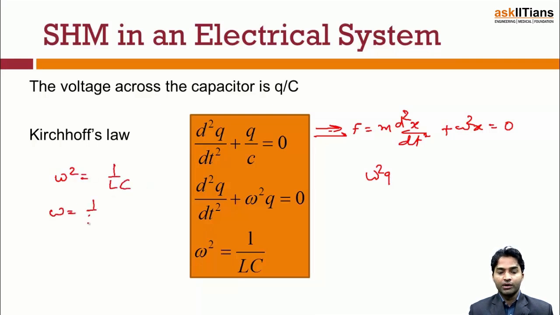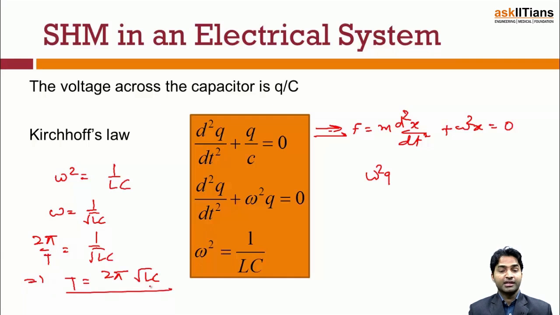Omega is equal to 1 upon under root of L into c, or we can say 2 pi by T equal to 1 upon under root of LC, or we can say time period is equal to 2 pi under root of L into c. So the time period in case of series inductor and capacitor oscillating circuit resonates with the frequency 1 upon 2 pi into 1 upon under root of L into c.